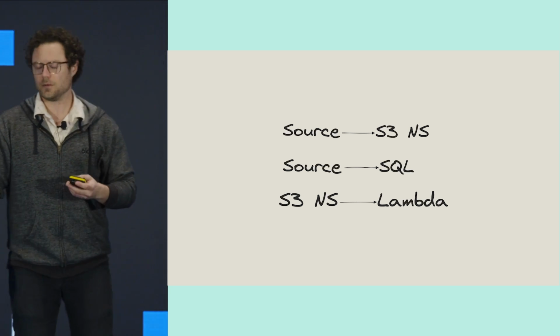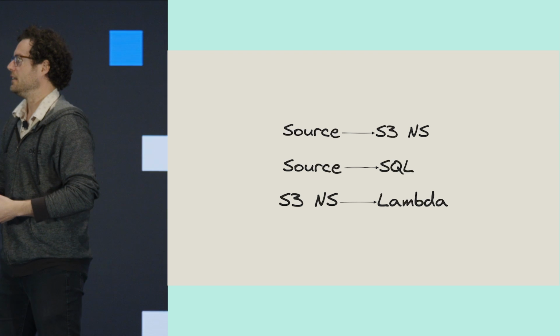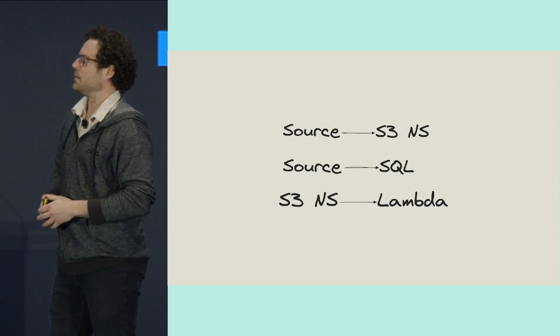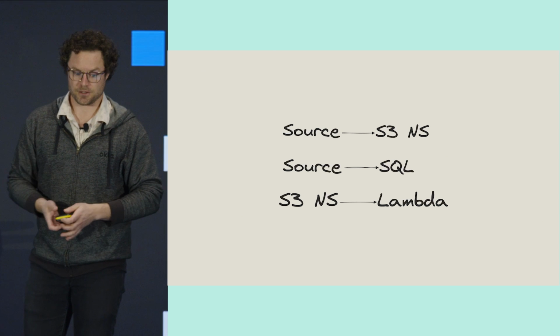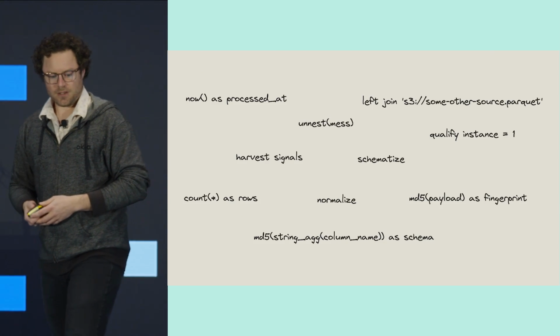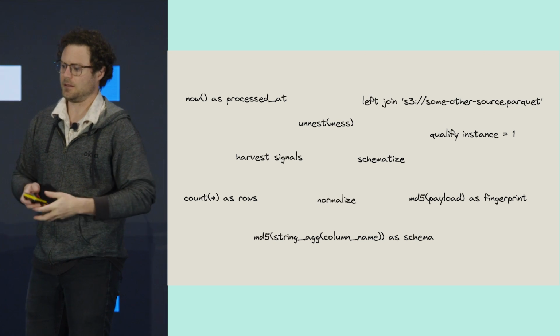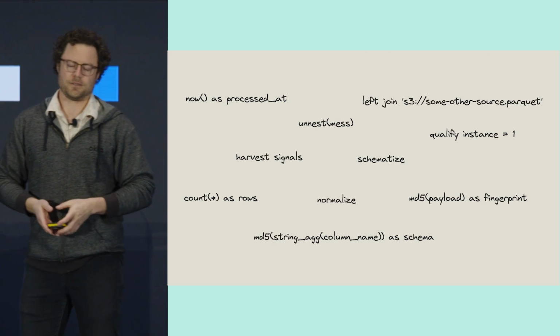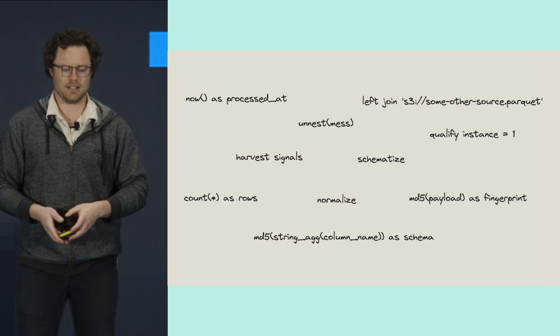And also that namespace or that source and that SQL file, or set of SQL statements rather, were then mapped to a Lambda function, pretty simple. And within that Lambda function, we basically packed DuckDB, and we packed some other functionality, like how big is this file when it comes in? How big is it when it leaves?